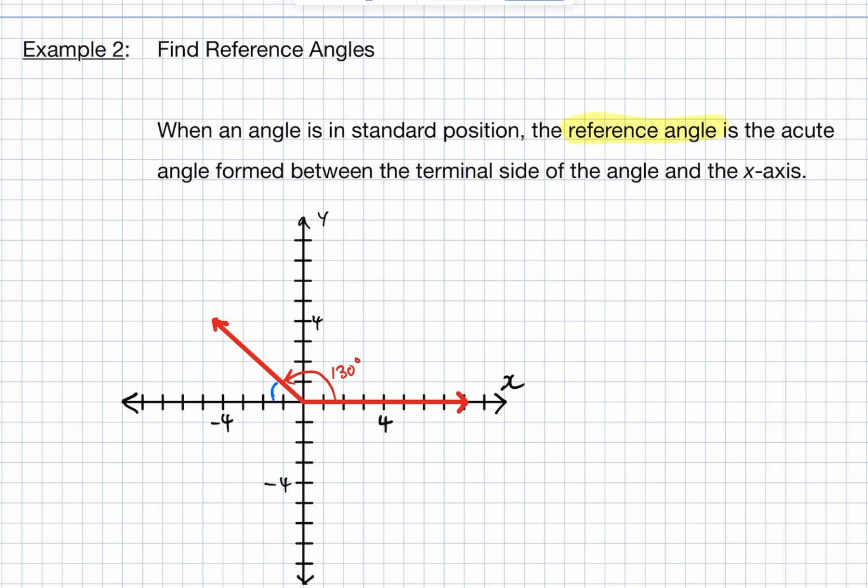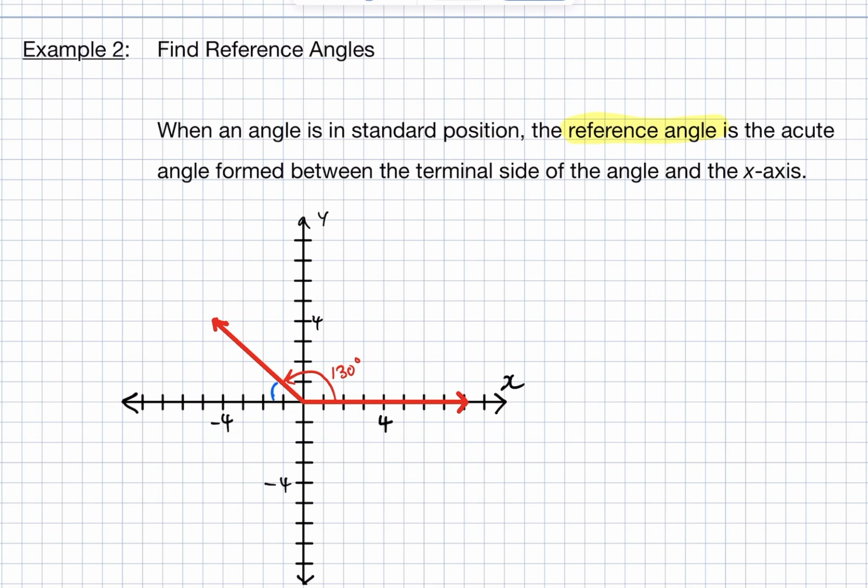So basically, the reference angle is regardless of where the terminal side is, okay, whether it's here or here or here, the reference angle is going to be the angle closest that is formed between the terminal side and the x-axis, okay? But it will always be less than 90 degrees. The reference angle will always be less than 90 degrees.